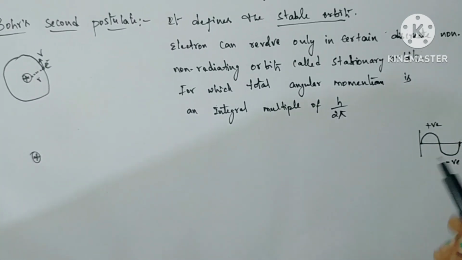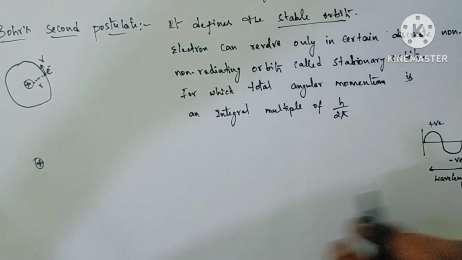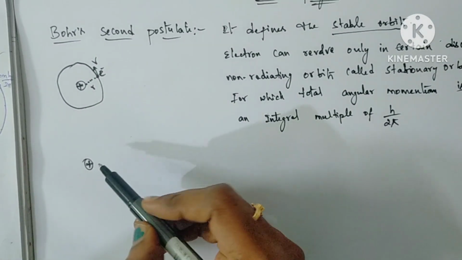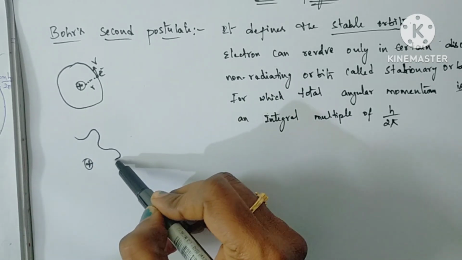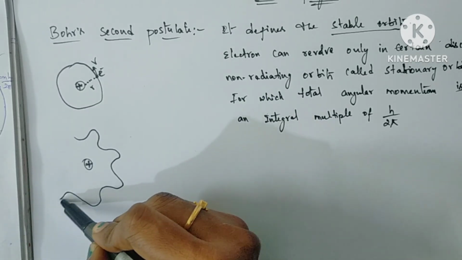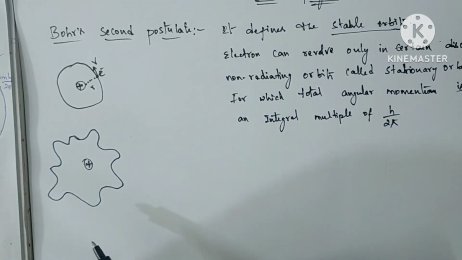The length between the positive half circle and negative half circle is nothing but the wavelength. Is it clear? In this topic we have so many crests and so many troughs.